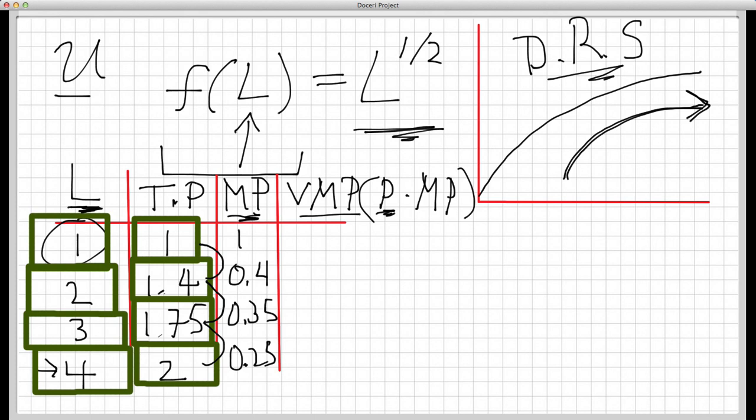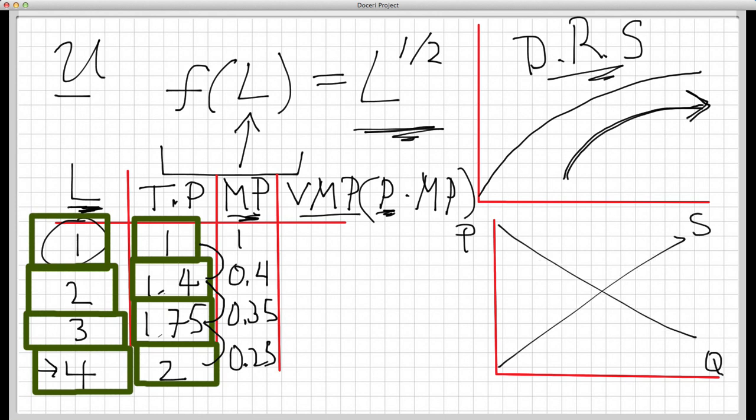Okay, so here's another axis. And we're going to say that this good has in PQ land, S and D, and S and D work out to a price of 2. Okay, we don't have to say much about what these supply and demand lines look like right now. Let's just say that they work out to a price of 2 for this good in the market.